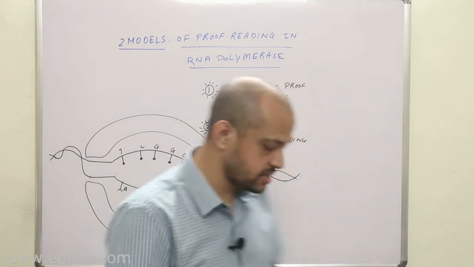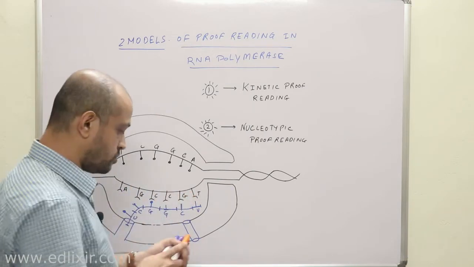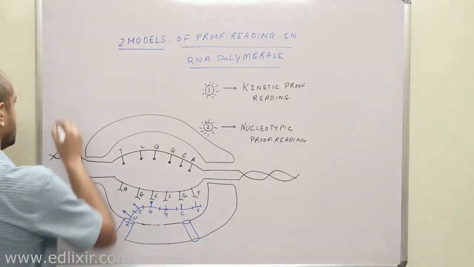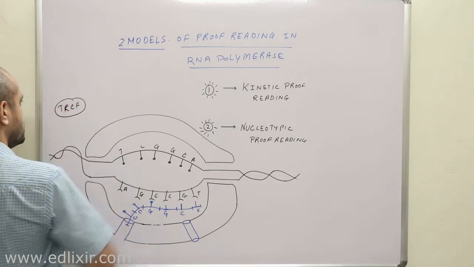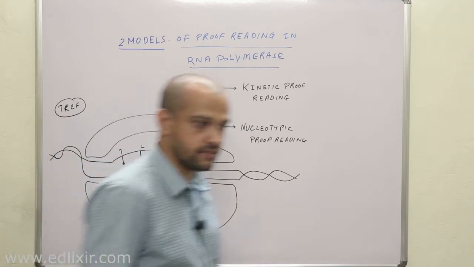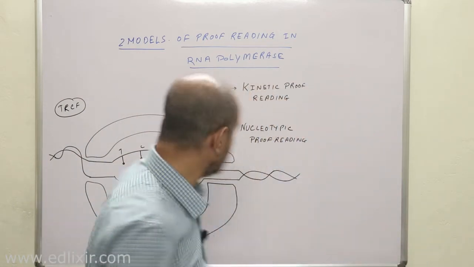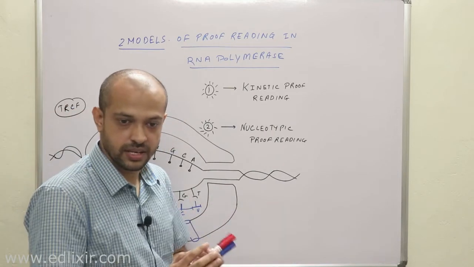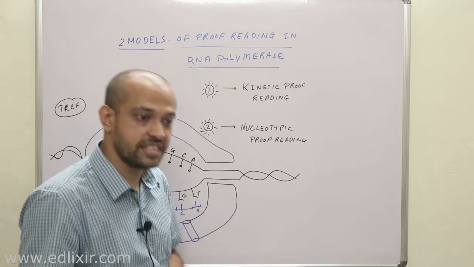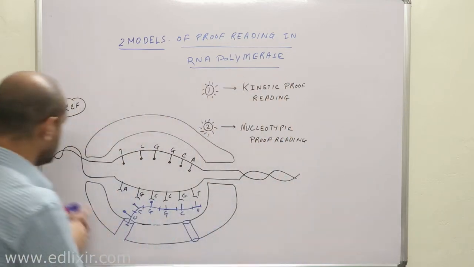RNA polymerase will be stopped by a protein called TRCF. Clear? TRCF. When this TRCF interacts with the polymerase, it will actually push RNA polymerase, the same way Rho proteins work. Clear?